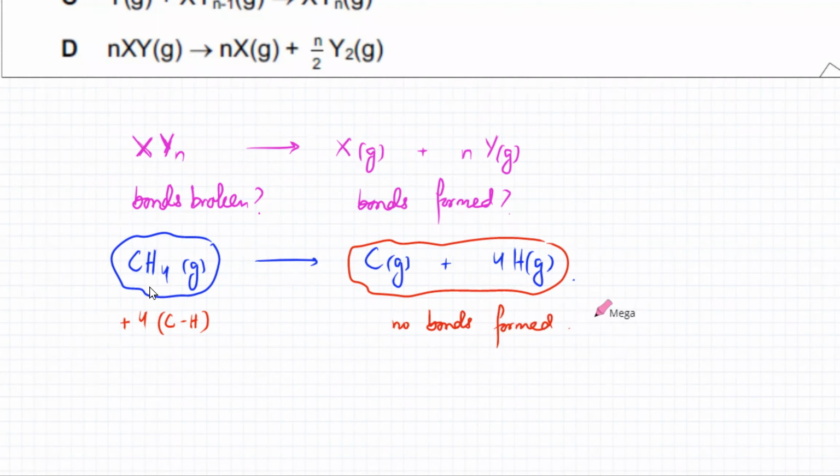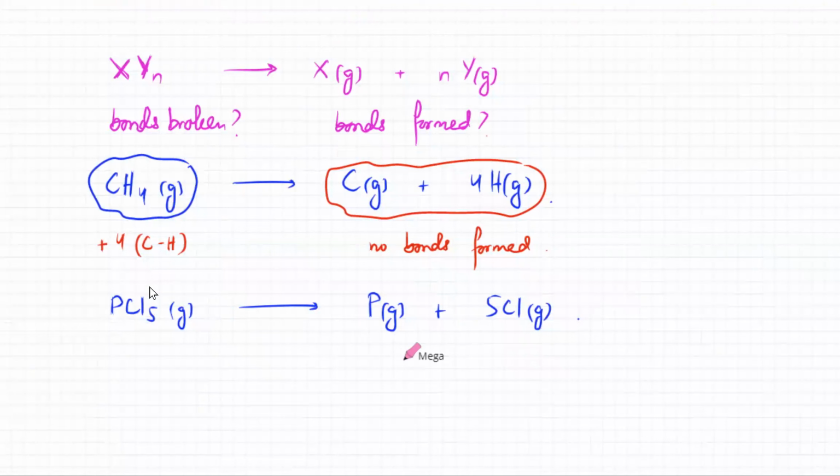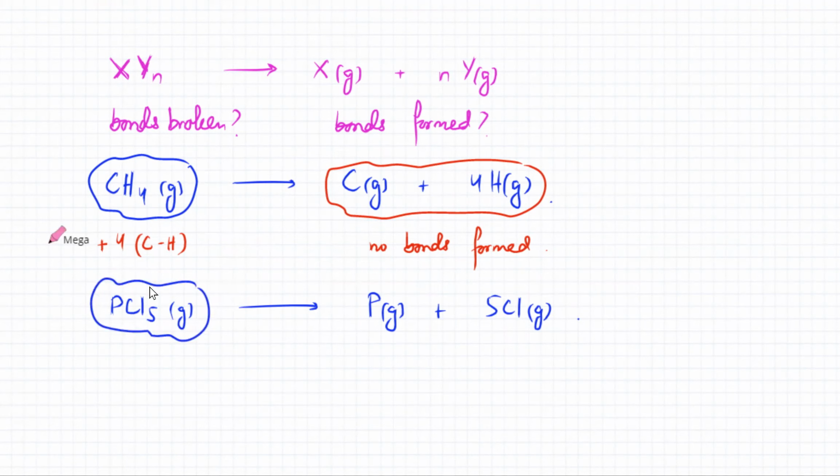So we can do another reaction, very similar to this one. Let's do another example. I've got a gaseous PCl5 molecule. It breaks down, and I get a phosphorus gaseous atom and 5 Cl gaseous atoms. Same thing. How many bonds will I be breaking in this molecule? It's going to be 5 PCl bonds, right?